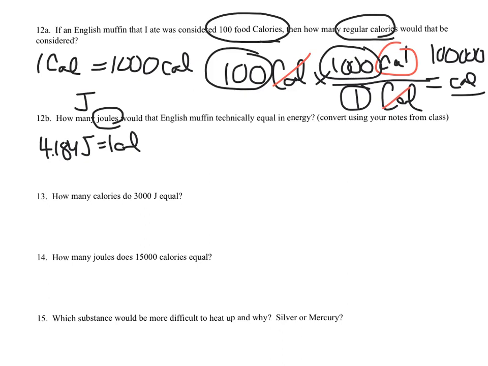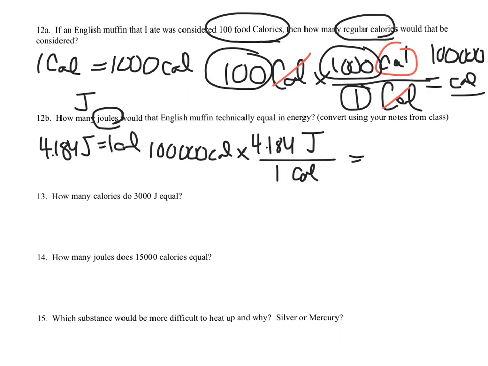If I know that English muffin is 100,000 of those little science calories, can I get rid of the calories and convert to joules? The answer is yes, because for every one little science calorie, there's 4.184 joules. Why does this work? Because this is not an equation. This is simply canceling out calories and setting equal to it the same amount in joules. So my answer will be in joules.